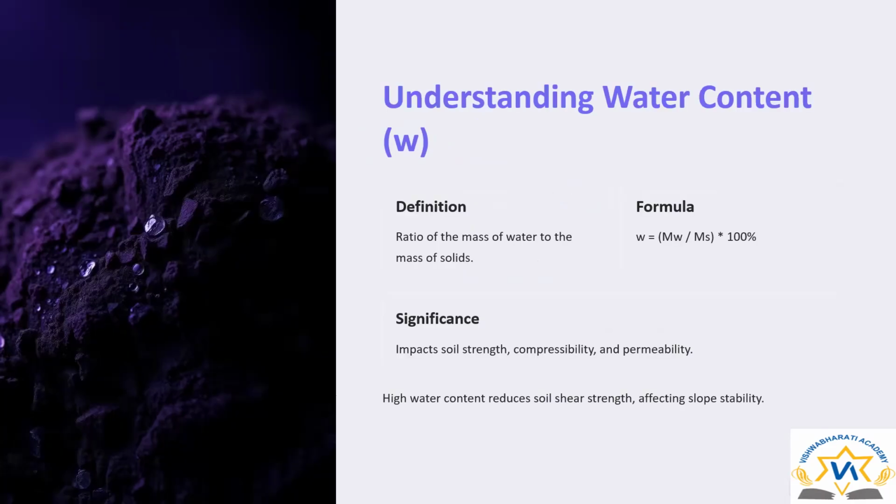Then the next definitions are the main geotechnical index properties. The first is the water content. Water content is the first important index property in the three-phase system.